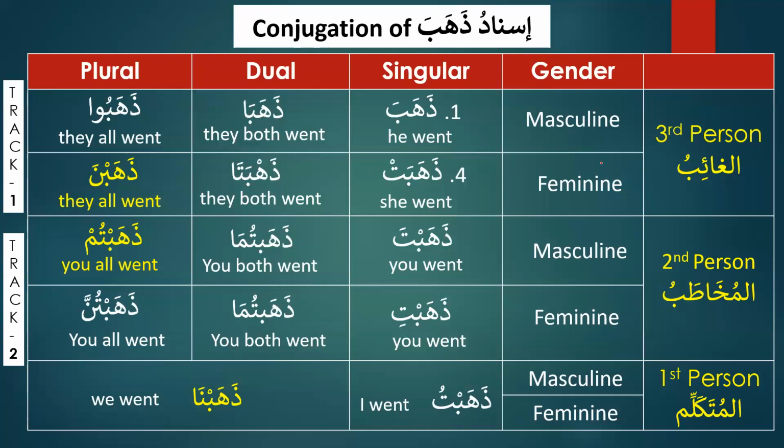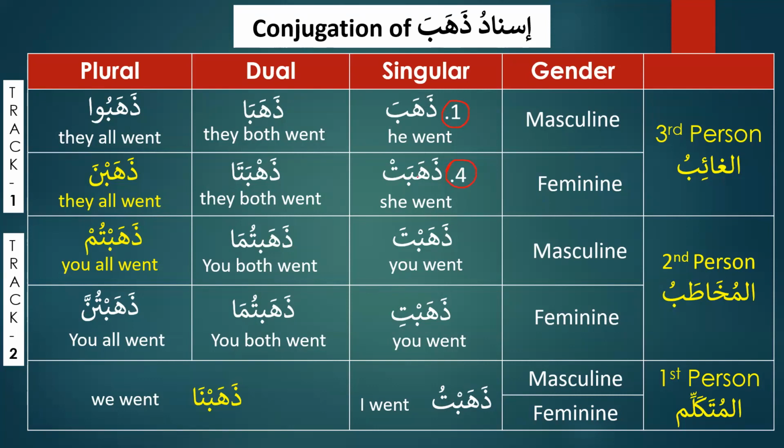Here is the conjugation, isnadu dhahaba, conjugation of dhahaba, and we know that the verb always starts with third person singular, and when we say third person singular, that means dhahaba, he went, for the masculine, and for the feminine it is dhahabat. And now I'm sure you know why we have number 1 and number 4. Yes, does anyone remember why do we have number 1 and number 4?